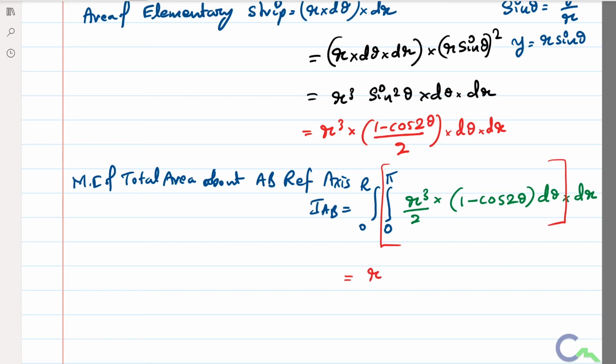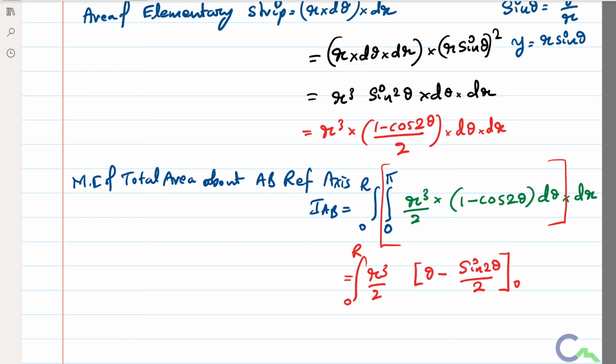So r cube divided by 2 is the constant for the first integration. So I can write theta minus sine 2 theta divided by 2.